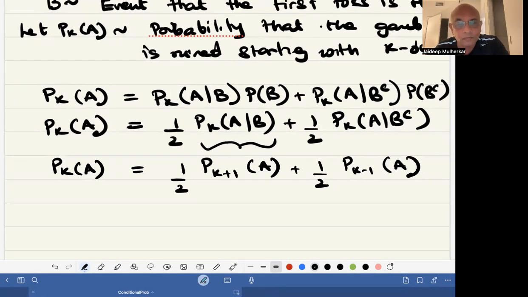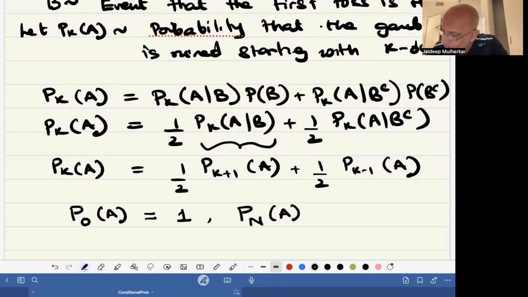And this is a recurrence equation, which you might have studied in discrete math. And then there are, of course, some initial or boundary conditions. If the gambler starts with $0 of capital, then he's already ruined. So the probability of ruin starting with $0 of capital is 1. And if he starts with a large number, capital N, then he will never get ruined because the game ends right away.